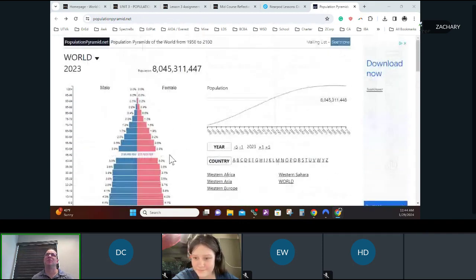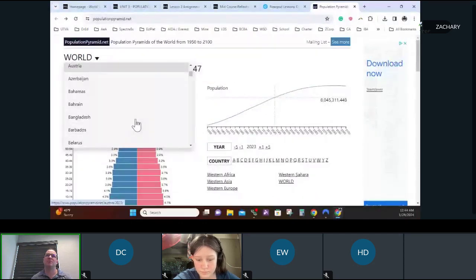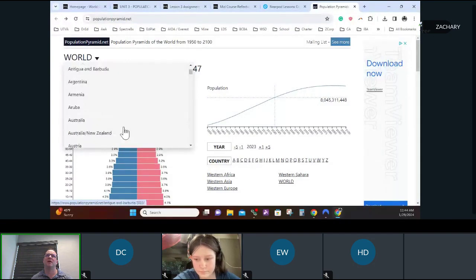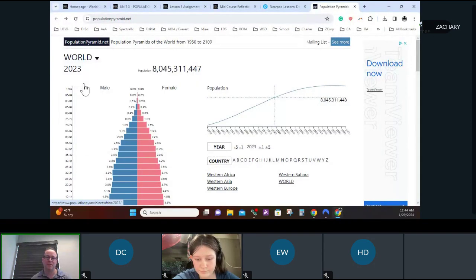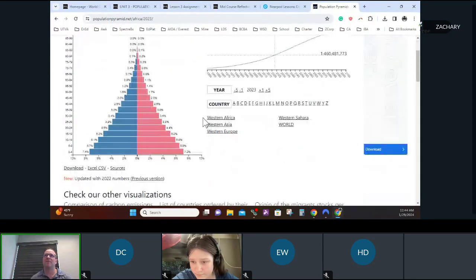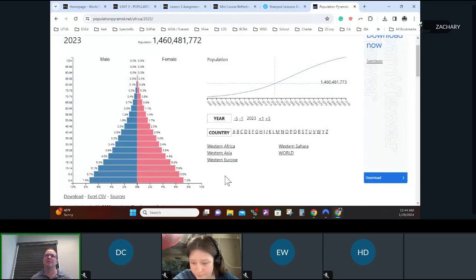So this is the whole world population. What's great too is we can go in and we can really look and dive into actual countries. So for example, let's look at Africa as a continent, okay? So we look at Africa as a continent, you can see here that they have a whole bunch of kids born, right?